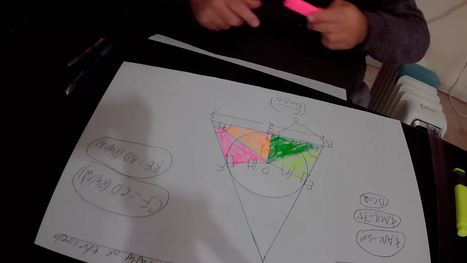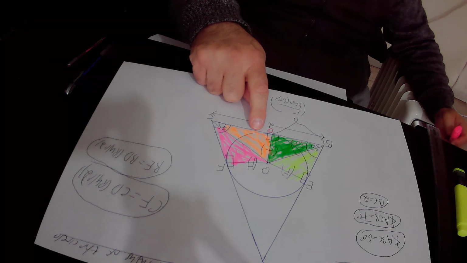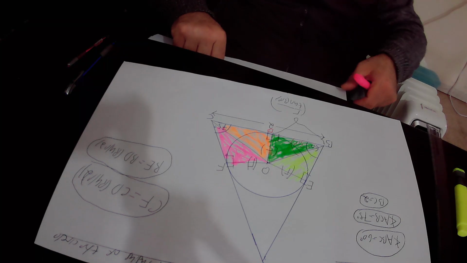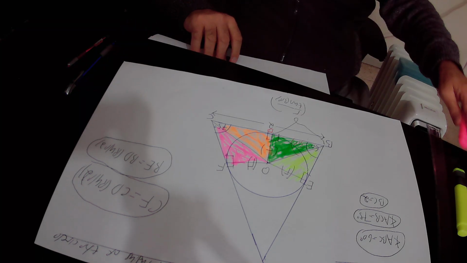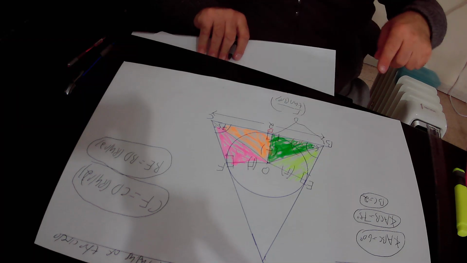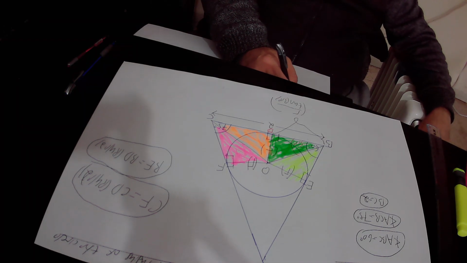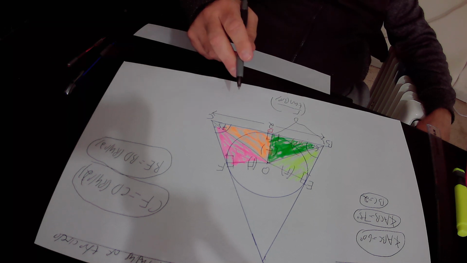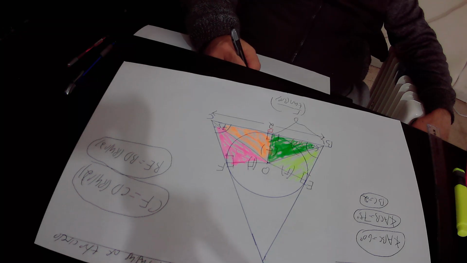So first of all, we prove that the orange triangle is congruent to the pink triangle. The orange triangle is triangle ODC. And the pink triangle is triangle OFC.